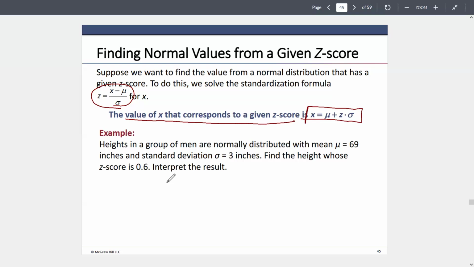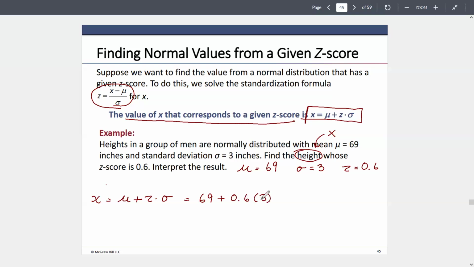Heights in a group of men are normally distributed with a mean of 69 and a standard deviation of 3. We want to find the height whose z-score is 0.6. So we're trying to find this particular height, this is the x I need to look for. x is the mean plus z times sigma, so 69 plus 0.6 times 3.